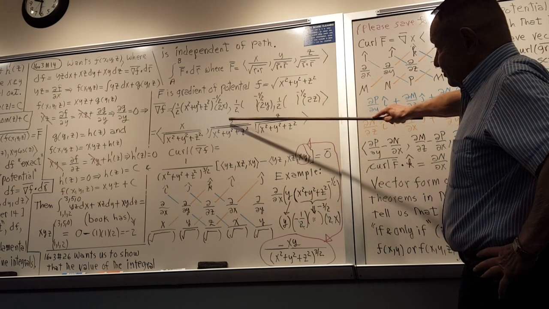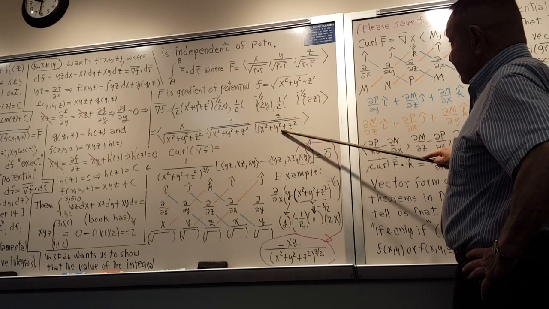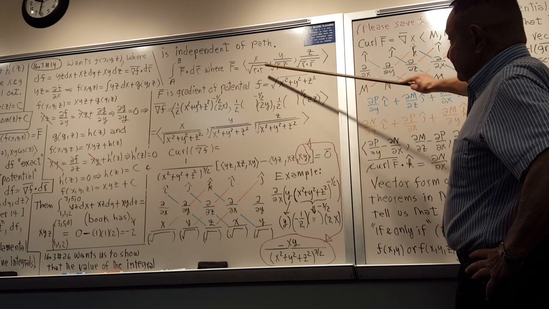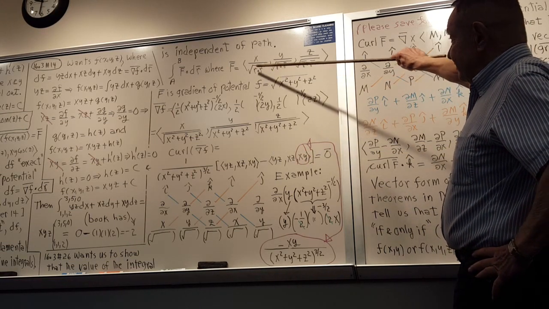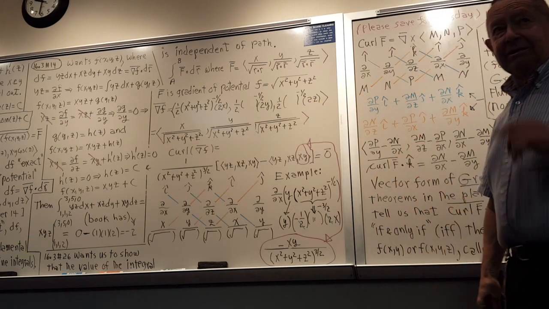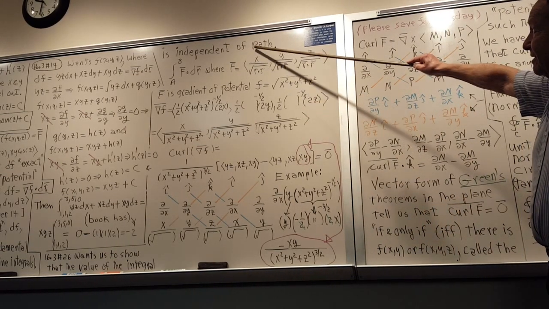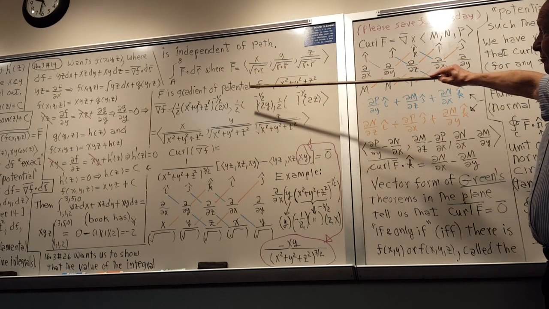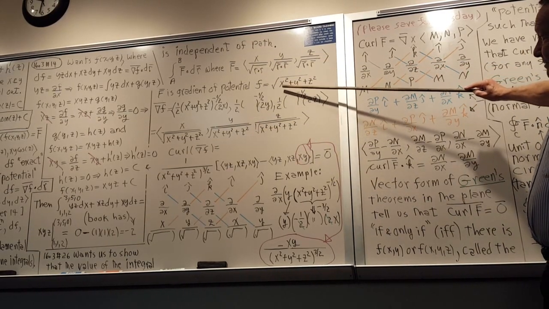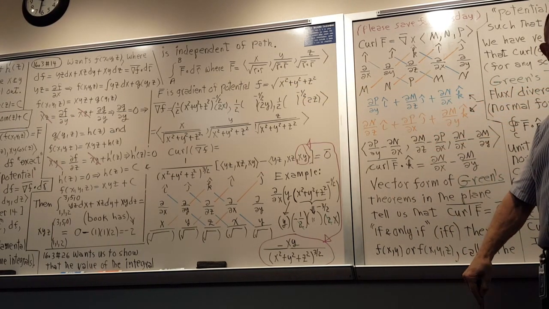This one gives you y over the square root, and this one gives you z over the square root. And you see that's what this is. The r dot r is this sum of squares. So I've demonstrated that it's independent of path by demonstrating a function that will serve as a potential.